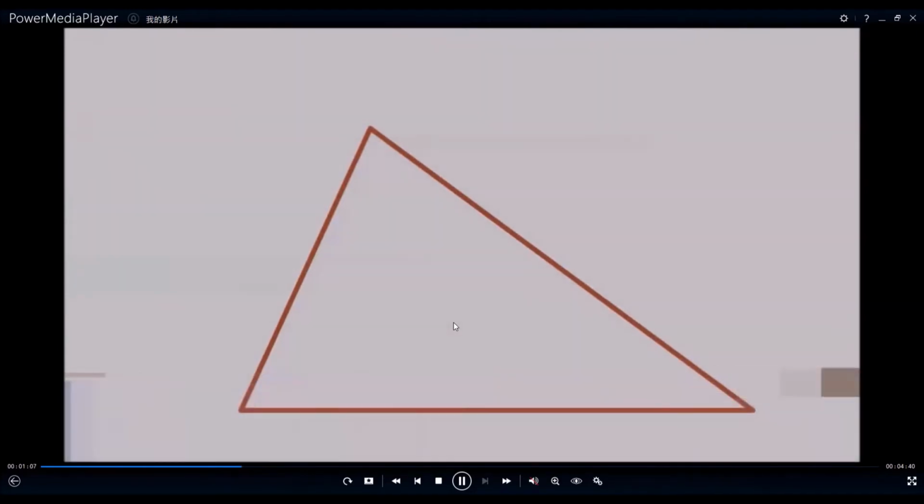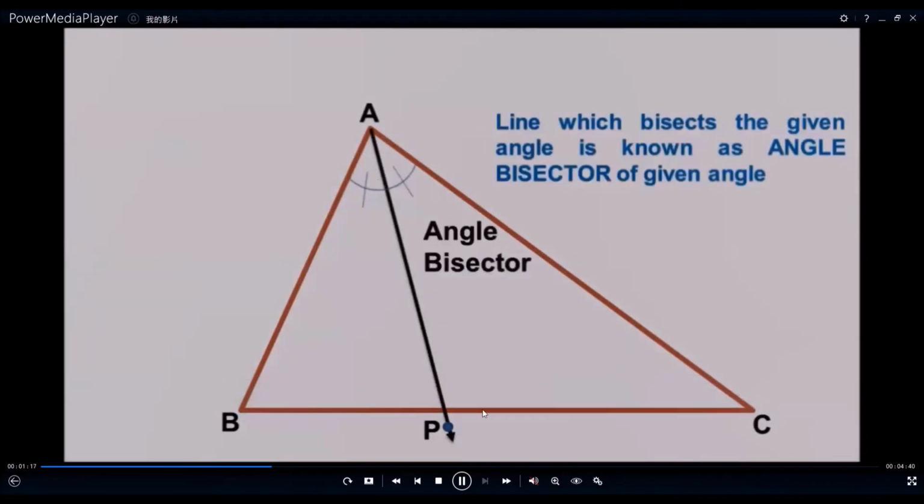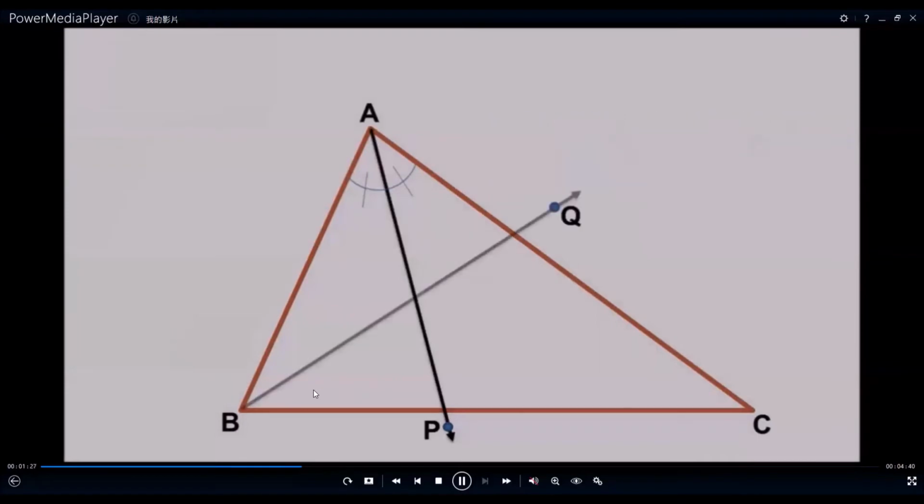Next, we are going to talk about the angle bisector. You see there's angle A. AP is the angle bisector. And then we can also draw the angle bisector of B. That is BQ. You see that it intersects at a point, I call this point I, which is the in-center.